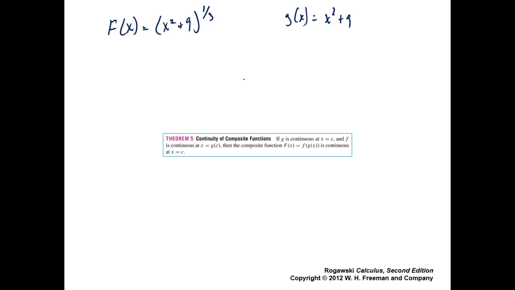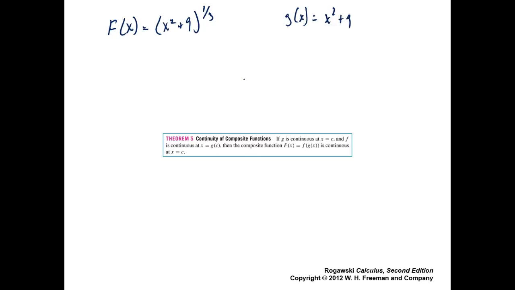So this function is continuous everywhere, but it's not one-to-one everywhere. Only one-to-one for 0 to infinity or infinity to 0 or any smaller part of that. You just can't have something right and left of 0. But it is continuous. Okay.